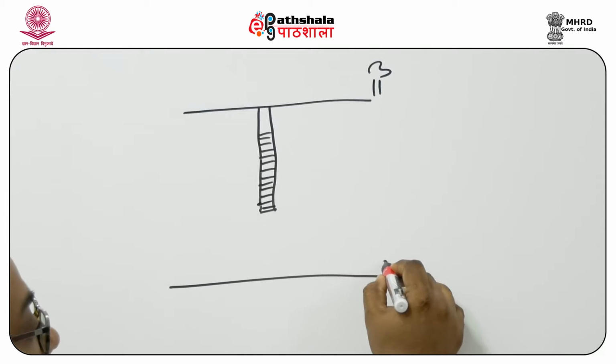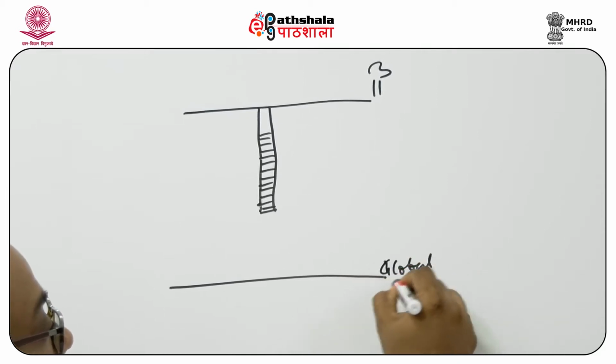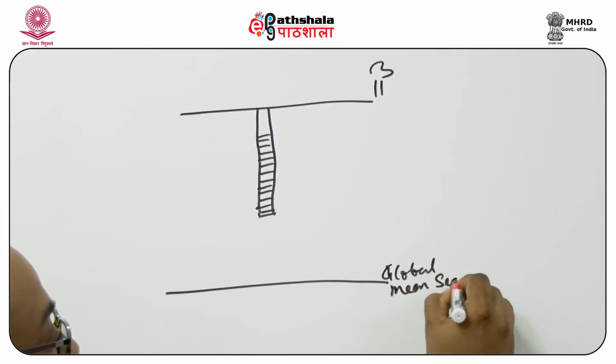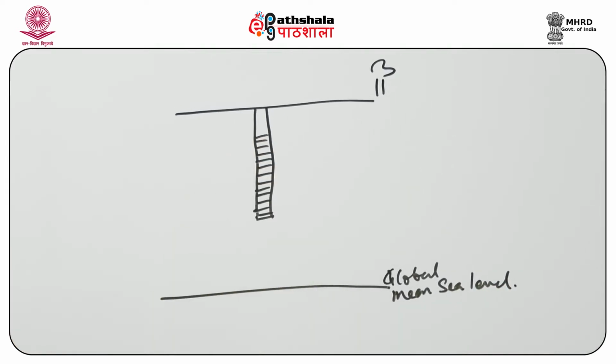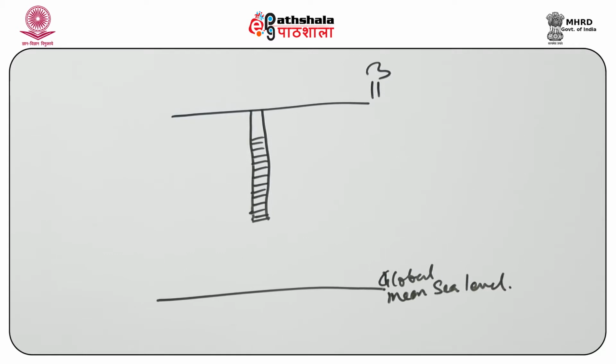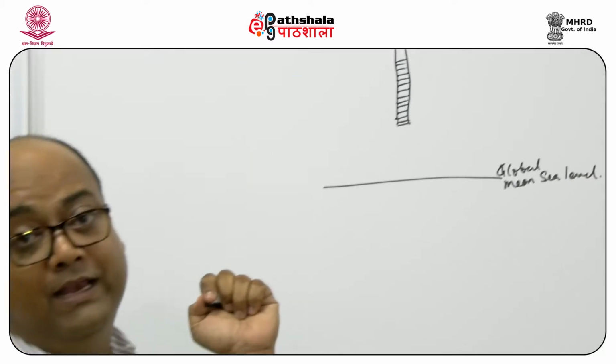This is my datum, which is the global mean sea level. So how do we calculate the hydraulic head of a particular well like this?